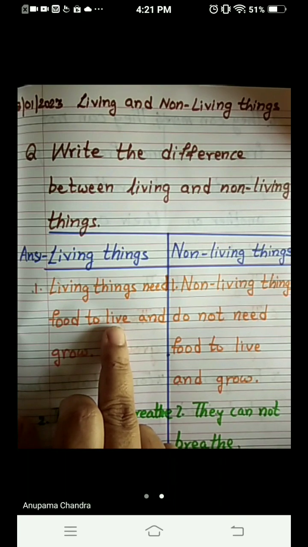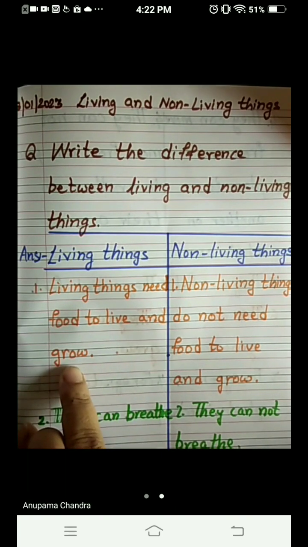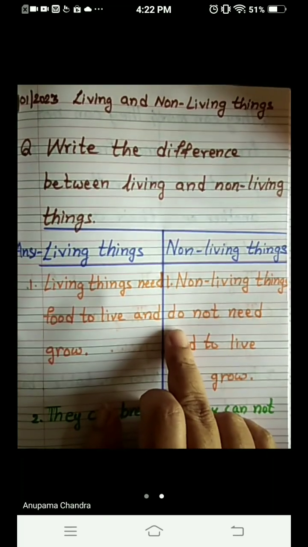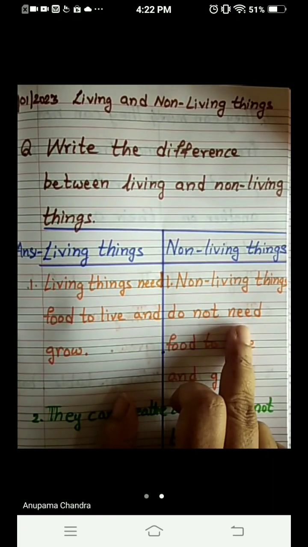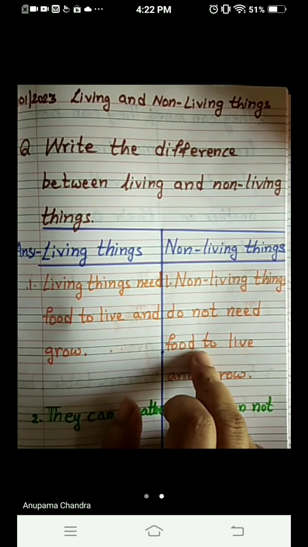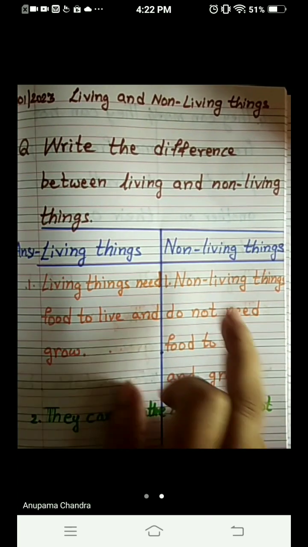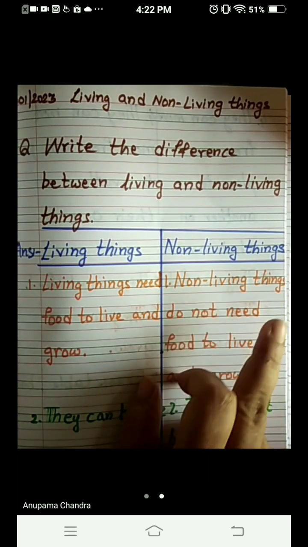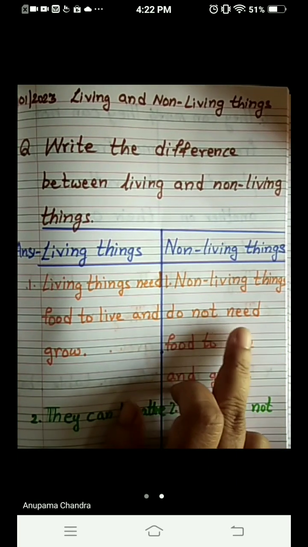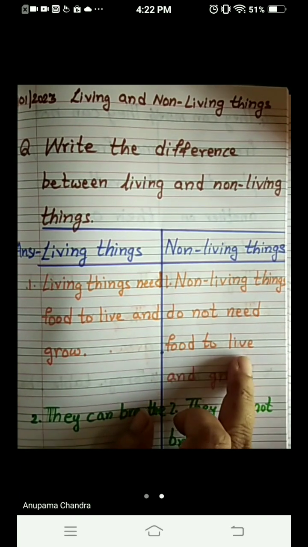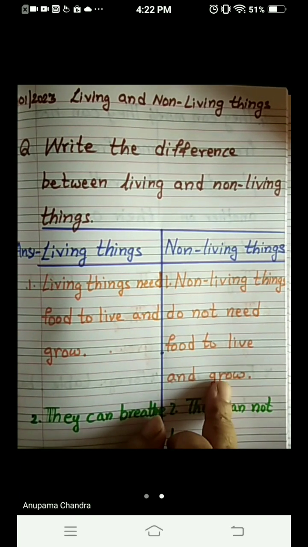Non-living things do not need food to live and grow.